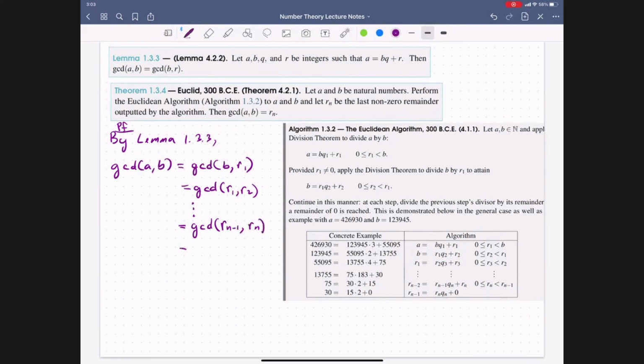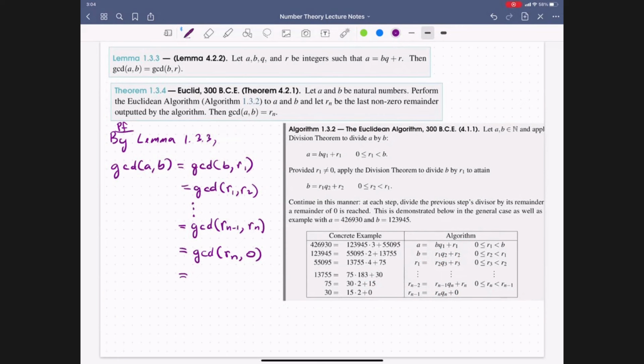But r sub n is the last non-zero entry, because once we get to r sub n, the next entry is going to be rn, qn, and then the 0. So if we apply it once more, we're going to have r sub n, comma 0. But what is this equal to? And here's where we have to recall that every integer divides 0.